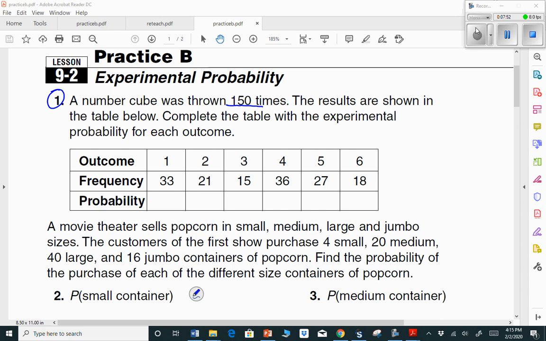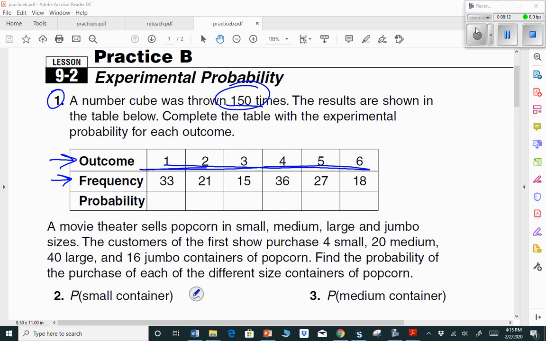And once again, we're going to express our probabilities in terms of fractions. So we rolled the die, and these are the things that you're able to get when you roll a fair number cube. And then these are the outcomes. And we know that it's out of 150.